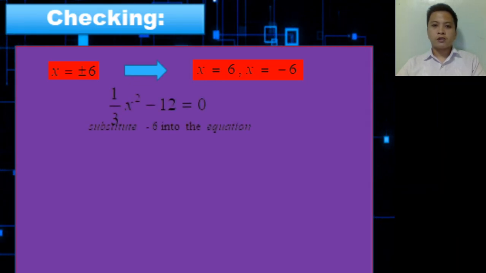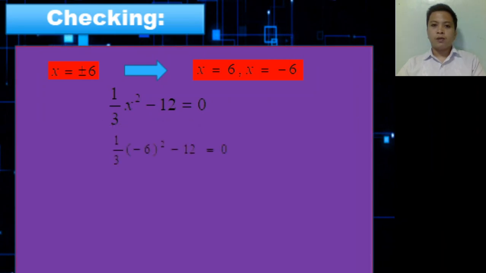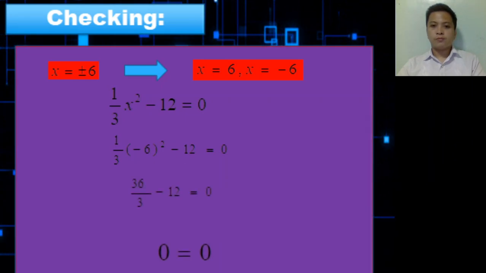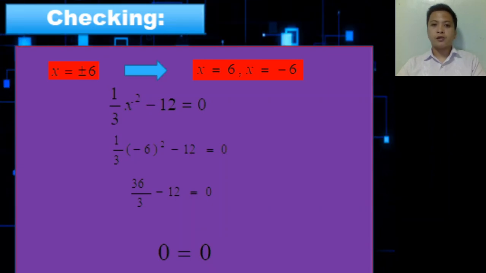Substitute negative 6 into the equation. We will have 1/3 times negative 6 squared minus 12 is equal to 0. Solve. And we will get 0 is equal to 0. Both 6 and negative 6 satisfy the equation 1/3 x squared minus 12 is equal to 0. That means our answer is correct.